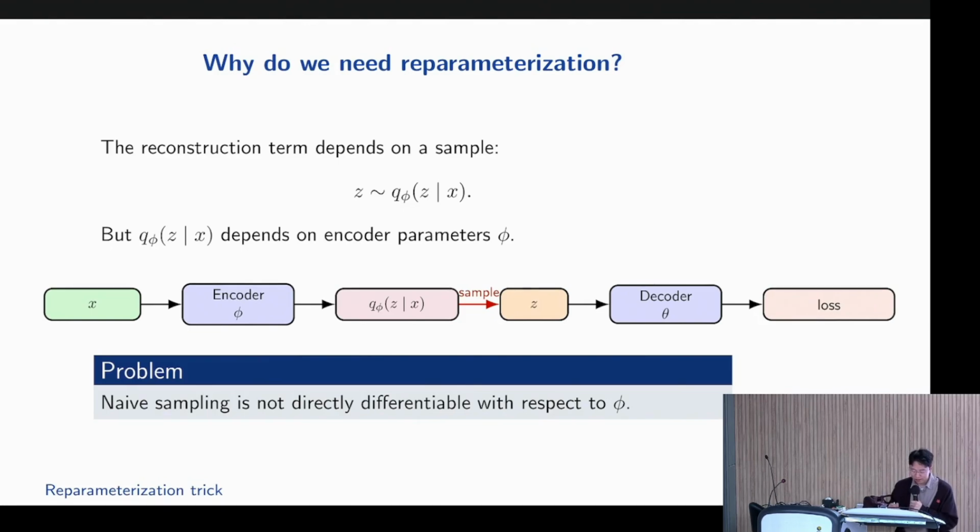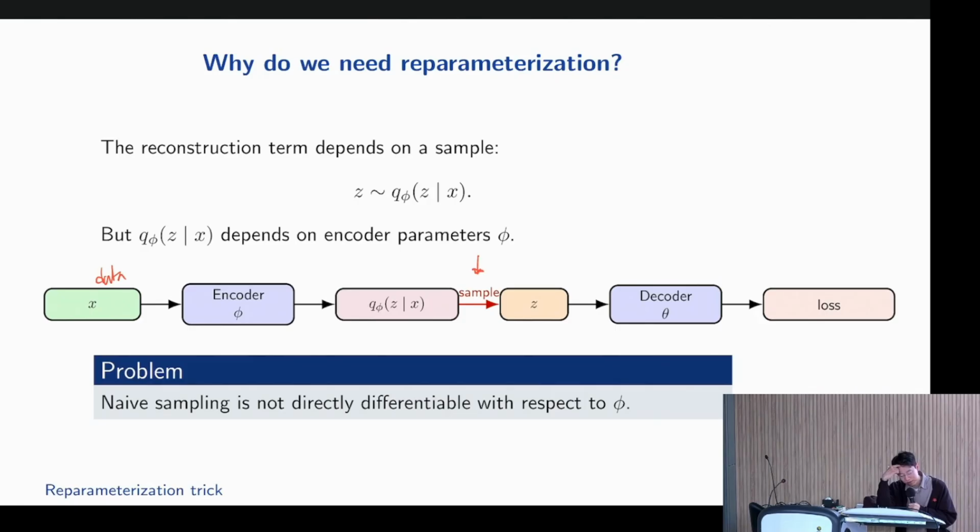So the reconstruction term depends on sampling. The full pipeline is you sample data, push it to the encoder, and it defines the distribution of z given x. Then you have to sample z, and it has to get inserted into the decoder, and you are able to measure the loss.